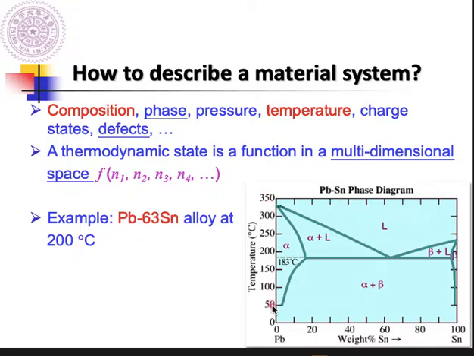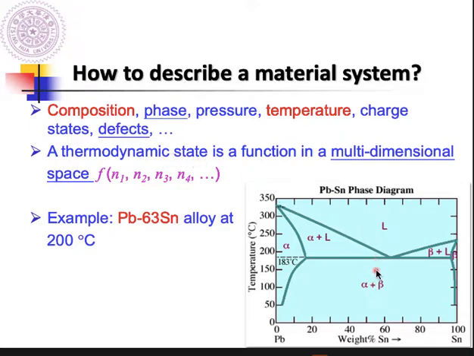It is expressed with temperature as the vertical axis and the weight percent, or you can call it the composition, as the horizontal axis. So this is a binary phase diagram, and each point shown in this phase diagram we can call a thermodynamic equilibrium state.